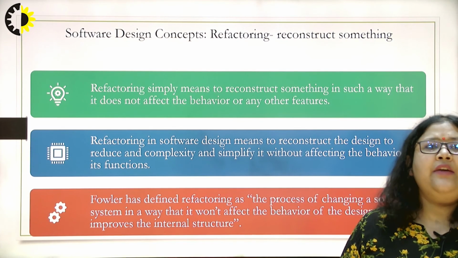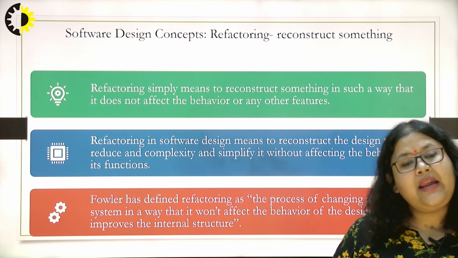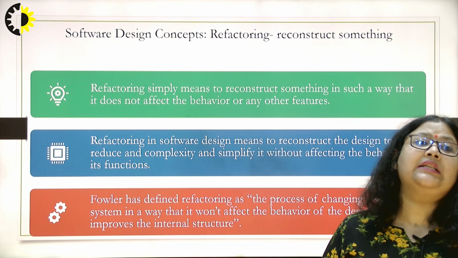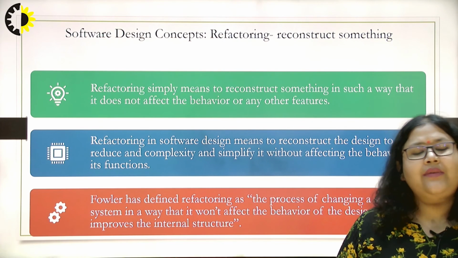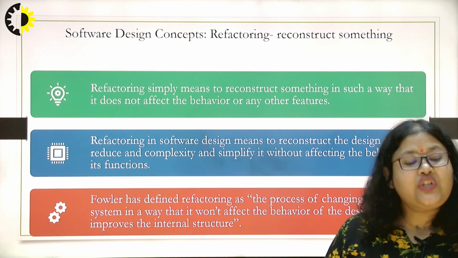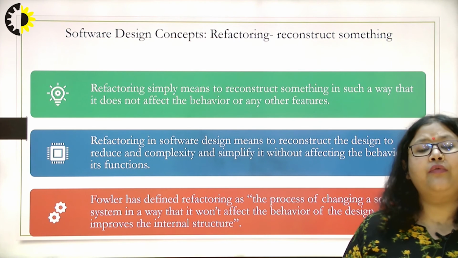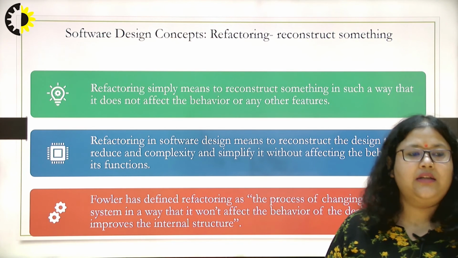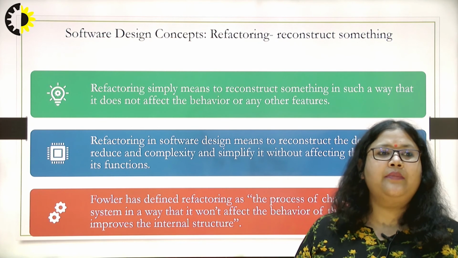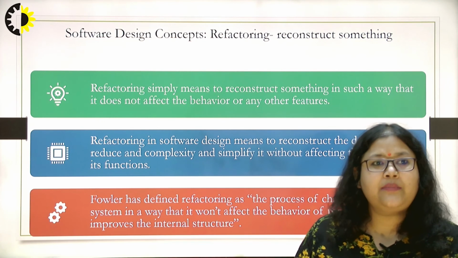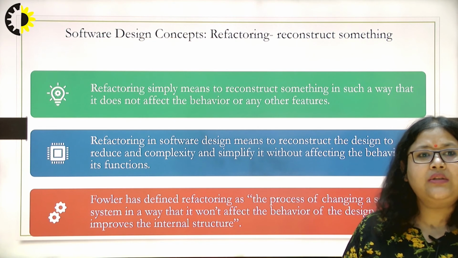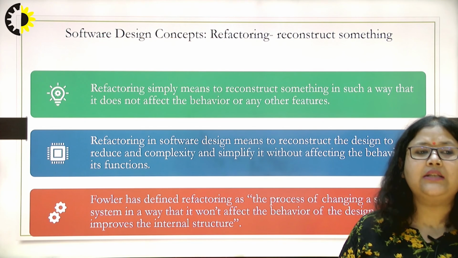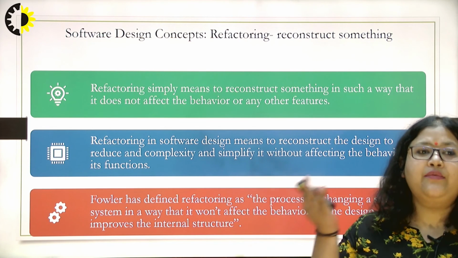Now, next is refactoring. Refactoring, the name pronounced as re-factor. So, basically it is known as reconstructing something. When we design the software, we change the number of factors, number of algorithms, number of defined measures, so that we reduce the complexity of the system or produce quality software without affecting the behavior of the functions that we want.